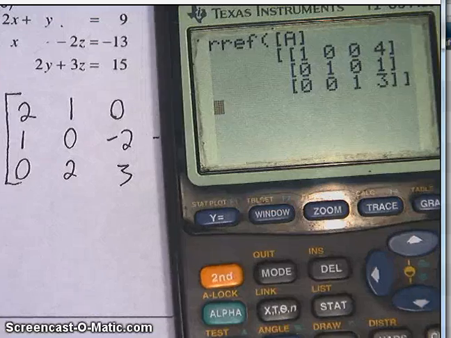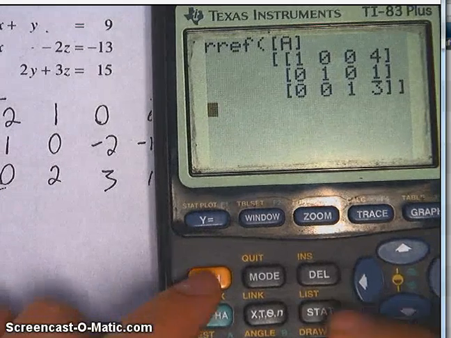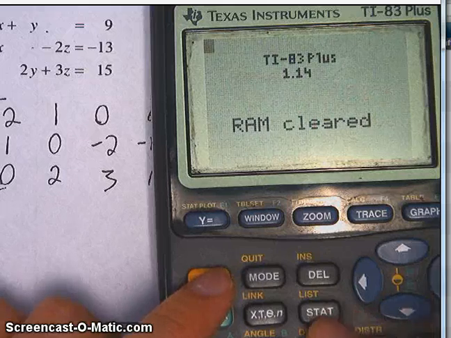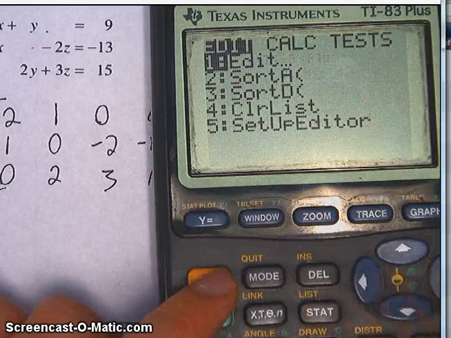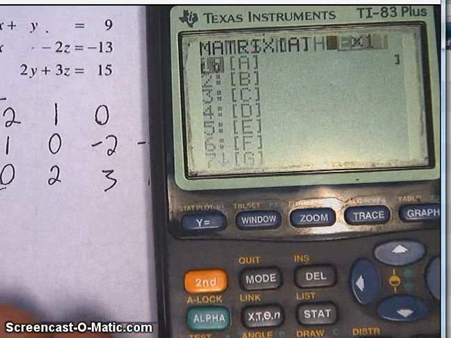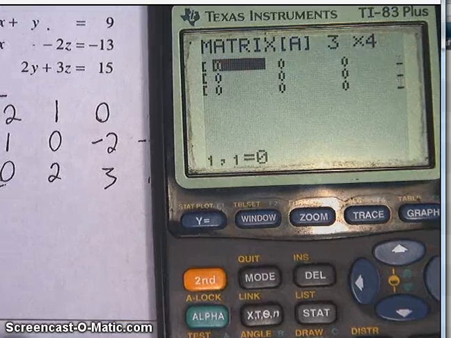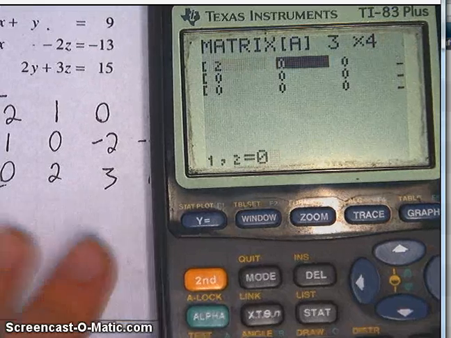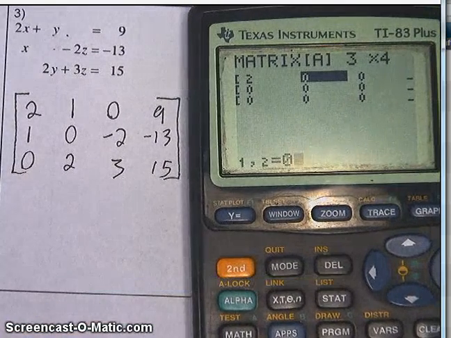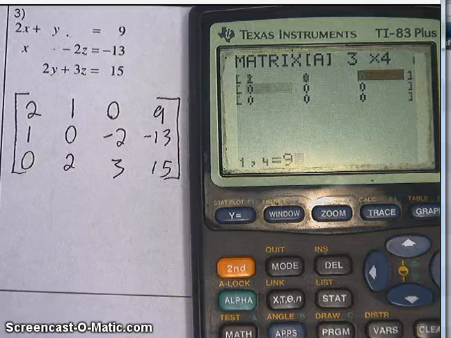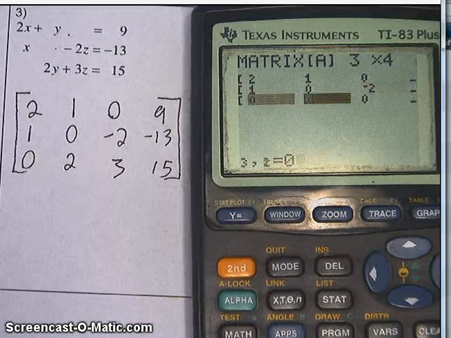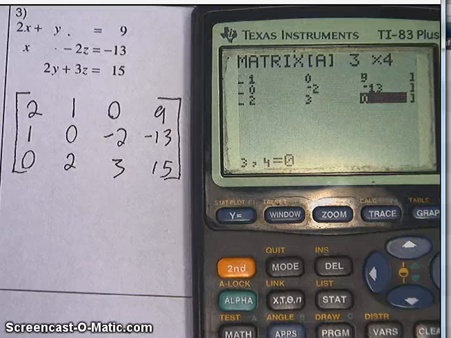And we're going to get, let's see, so I'm going to clear out my calculator again. Second plus 7, 1, 2. And let's go matrix, edit, 3 enter, by 4 enter, 2, 1, 0, 9, 1, 0, -2, -13, 0, 2, 3, 15.